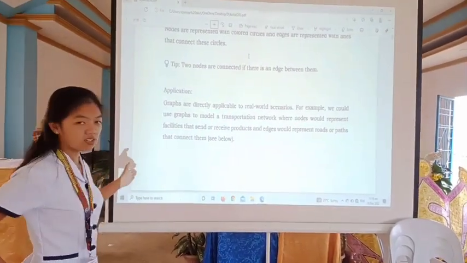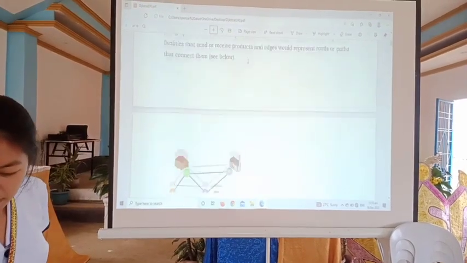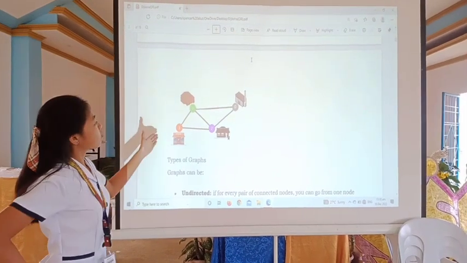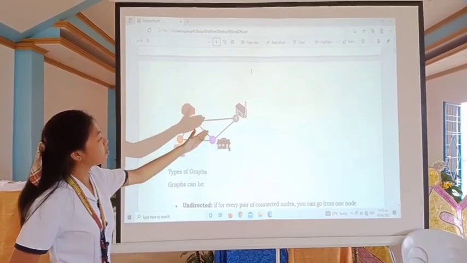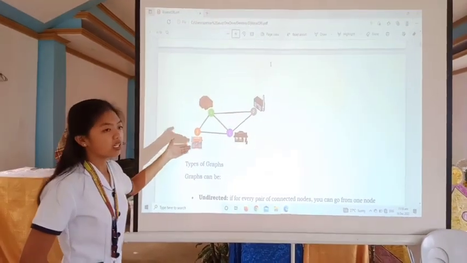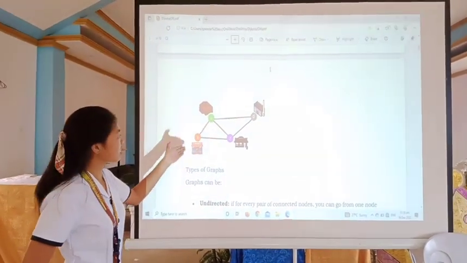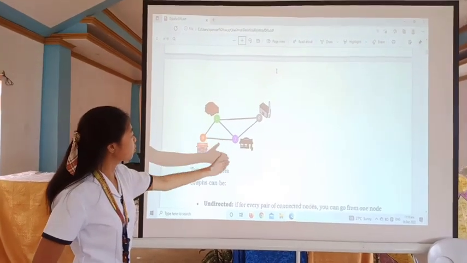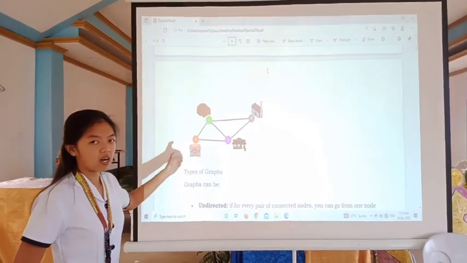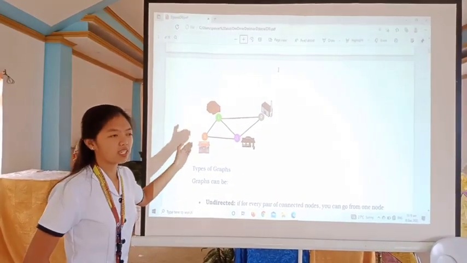We have this illustration. From node 0, transfer to node 1, used to transfer the facilities. Node 1 to node 2, and then node 2 to node 3. So, this is one real-life scenario example.